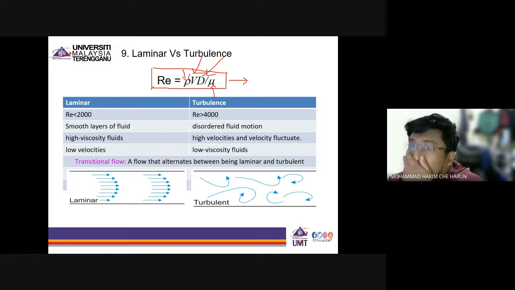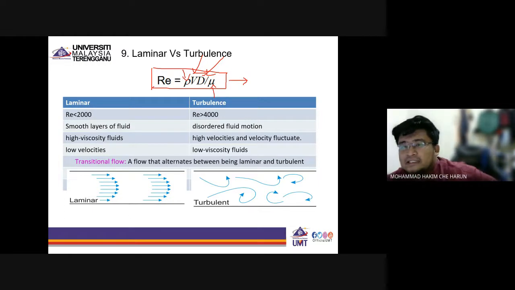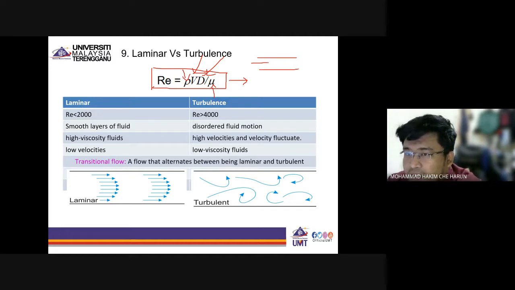For water you have a density of 1,000. Let's say you have a velocity of 1 meter per second. 1 meter per second times 1,000, and let's say the diameter of the pipe, this is a pipe, with water coming through, is about 1 meter.